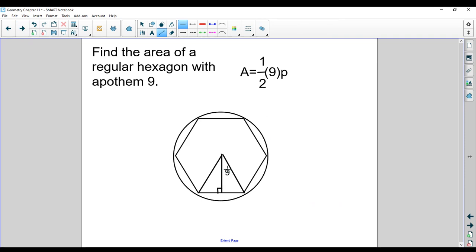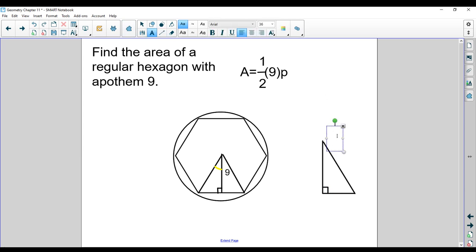But if we think about that in more specific terms, if this whole angle is 60 and I just take an altitude to it, that makes half of it right there 30. And so I have this triangle right here that has this is 9, this we're not sure, and this we're not sure, which we don't really need the radius. But the most important thing we found out of the radii of this whole thing is that this angle right here is half of 60, which is 30.